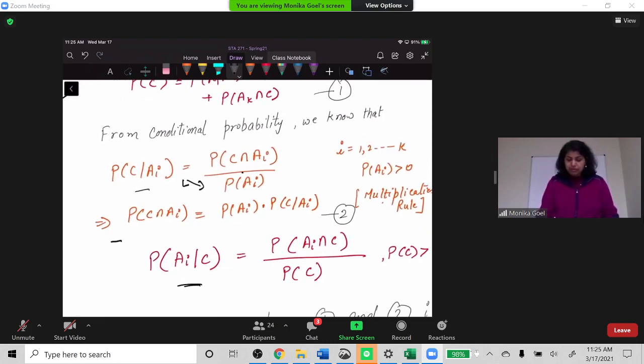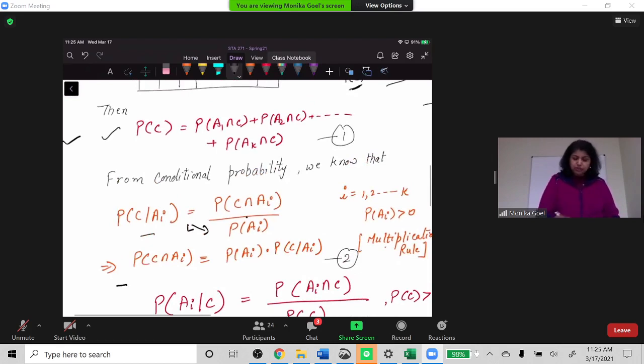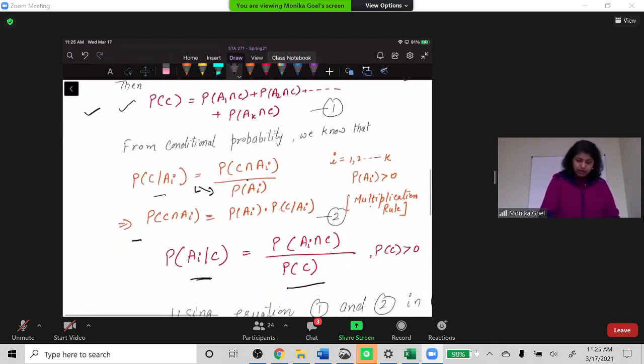Same conditional probability formula: intersection divided by C. And I know what my probability of C is, this part, so this whole thing will go here in the denominator. And what is this? Probability of AI intersection C. Can I replace this part here?